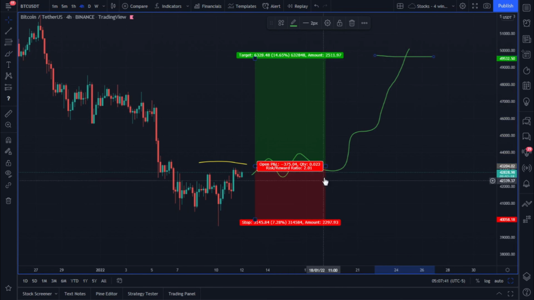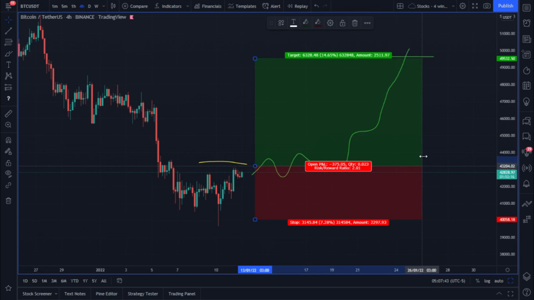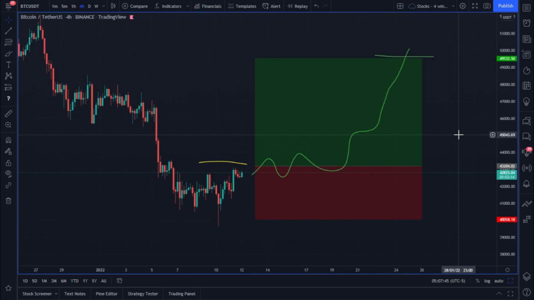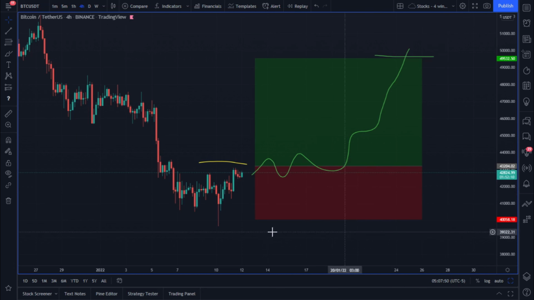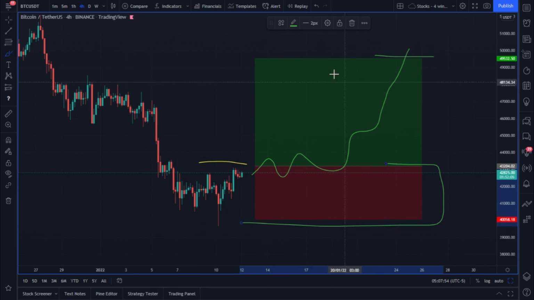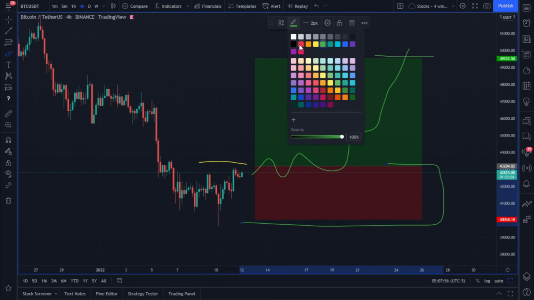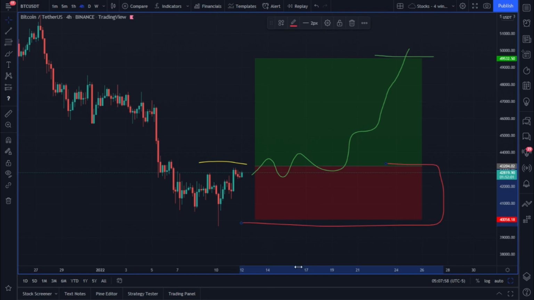So let's just switch this guy. All right, so this is what we believe. We believe the price will not go lower than this, which we call our gap, and therefore we're prepared to risk $100.